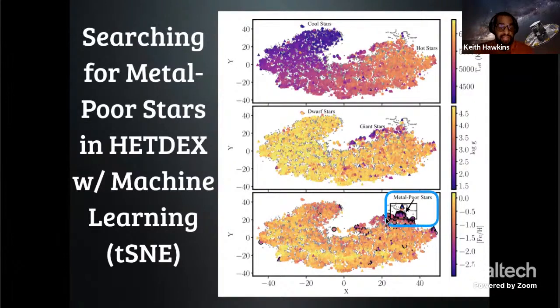So this at least tells us that the information content is there in the HETEX spectra to identify metal poor stars, which is how we would find, for example, the stellar halo. In addition, there's a nice paper from Wheeler and Ting a couple of years ago, which looked at what your precision in different abundances and metallicity would be if you went to lower and lower resolution, from resolution of 100 all the way up to 100,000.